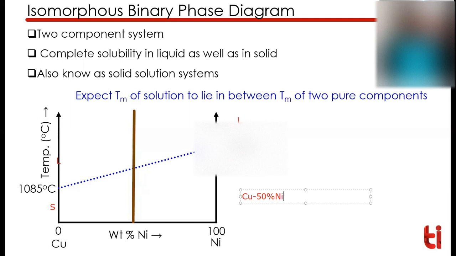Since this is the average composition, we take out the average melting point. So that is 1085 plus 1453.